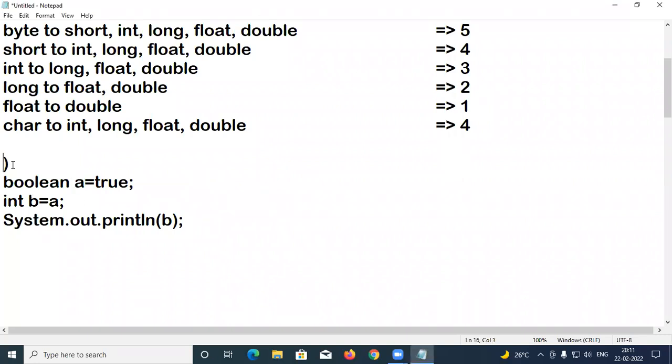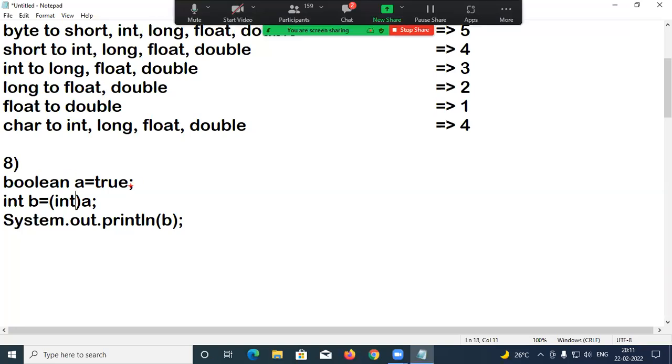Suppose the 8th one: if I write int in the brackets, is it valid? No, it is also not valid. Write this one also: you cannot convert. Explicitly also error. Implicitly also error, explicitly also error.